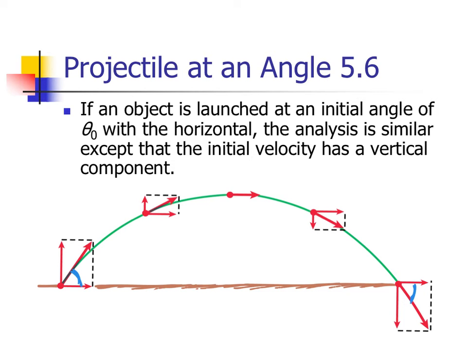Because what's affecting it now? Gravity. But now instead of slowing it down, it's saying, okay, you're going to get faster coming back down to the earth. And it's that right there that's very important to us.